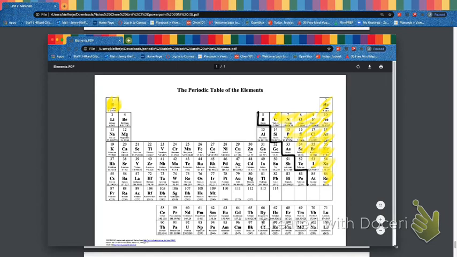And we can tell if a substance is a nonmetal by looking at its properties. And we can say that if it's one of these elements in this corner of the periodic table, it's going to have the properties of a nonmetal. Okay? So there's always an exception to the rule, right?